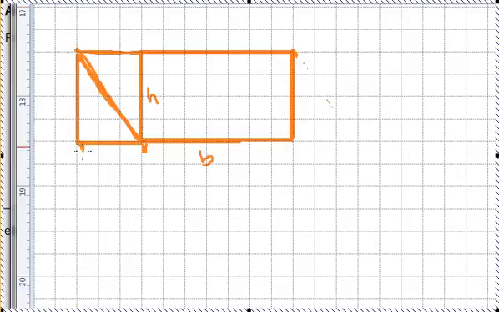If the base goes from here to here, and the height goes from here to here. The area of that thing is actually just base times height. Do you agree?